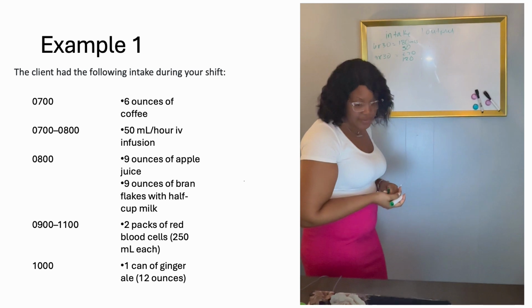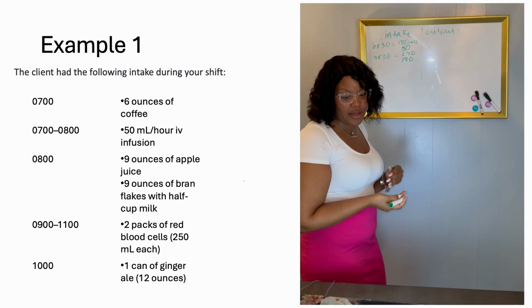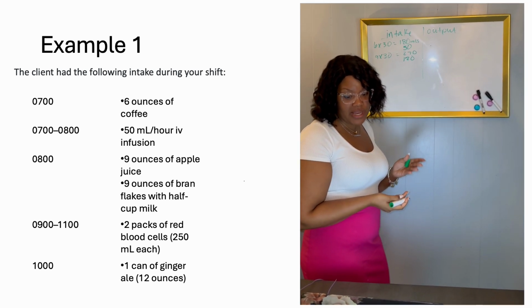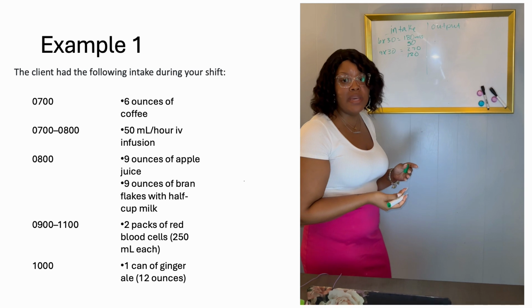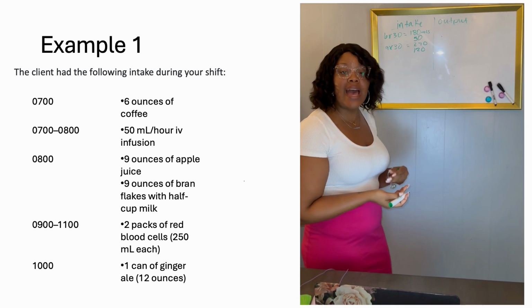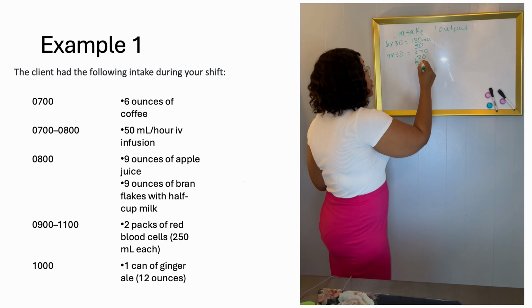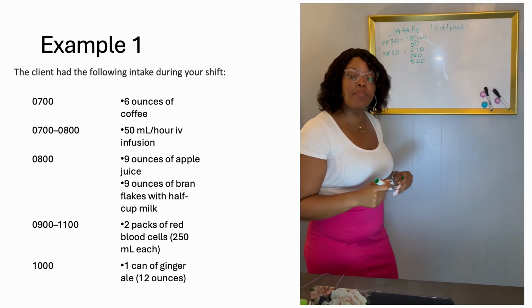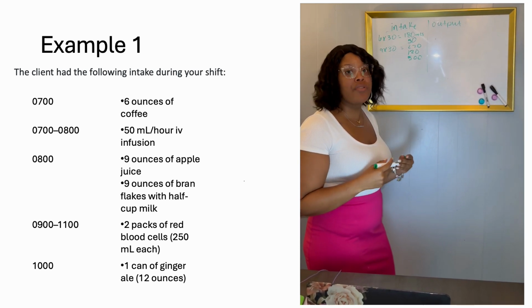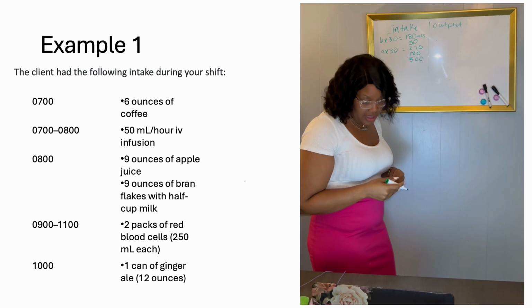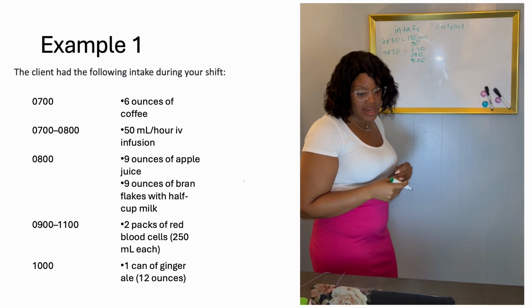Next, we have 2 packs of red blood cells that are 250 apiece. So 250 times 2 gives us 500. You guys, it is so important to pay attention when it says more than one quantity. Then we have a can of ginger ale.